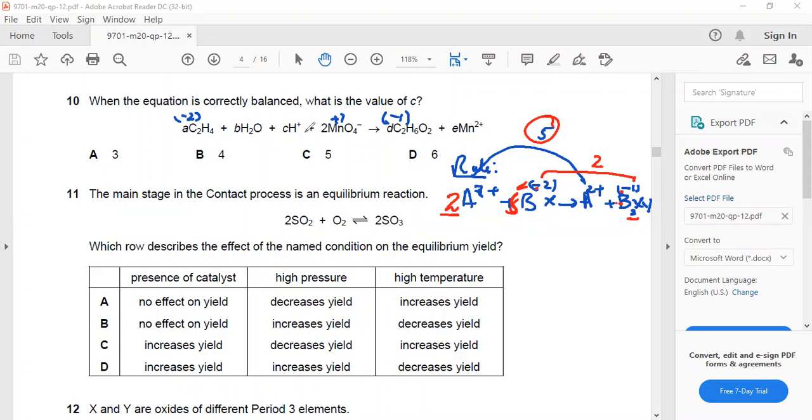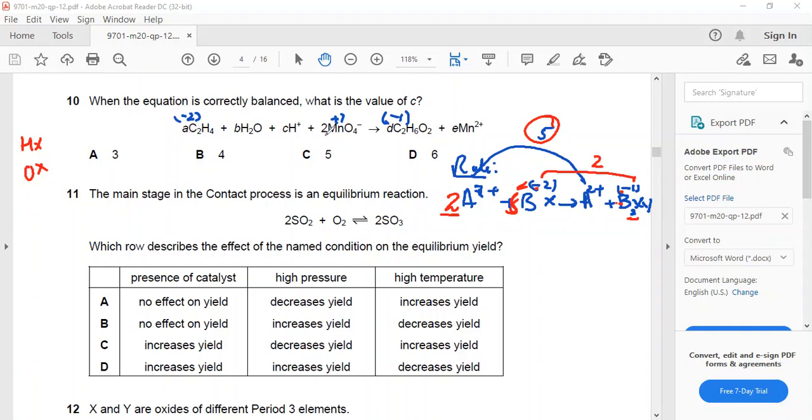There is no change in oxidation number of hydrogen and oxygen, because hydrogen changes only if there is a metal, then hydrogen is -1, and oxygen changes only in peroxide or exceptional cases. Otherwise there is no change.